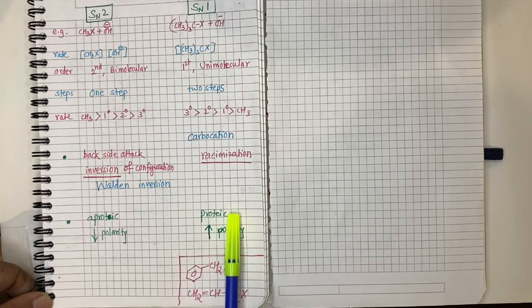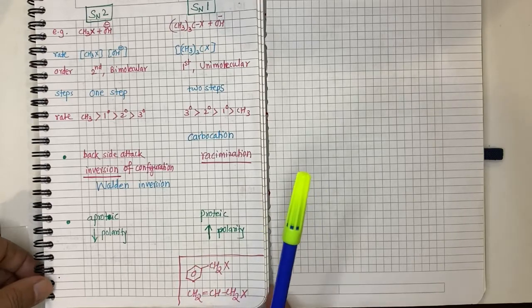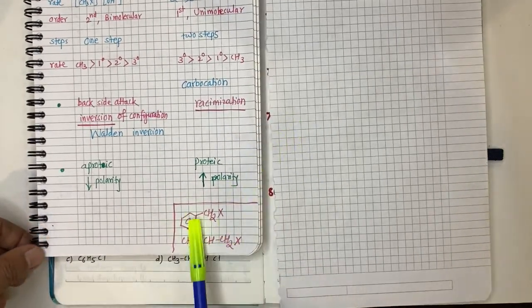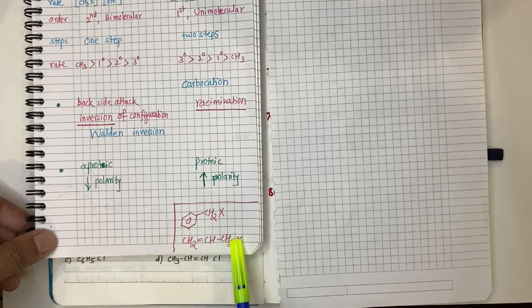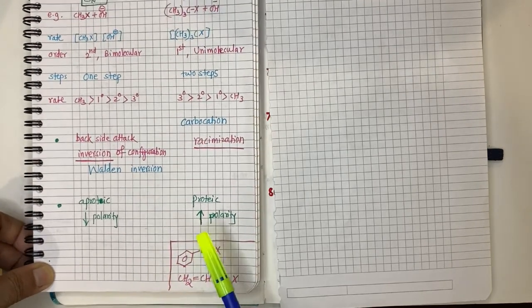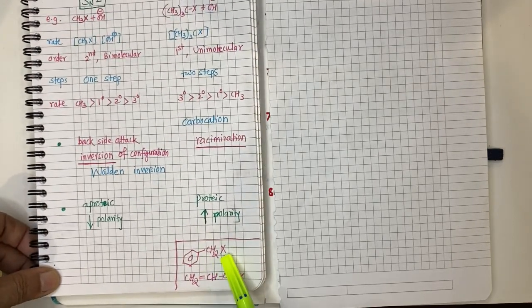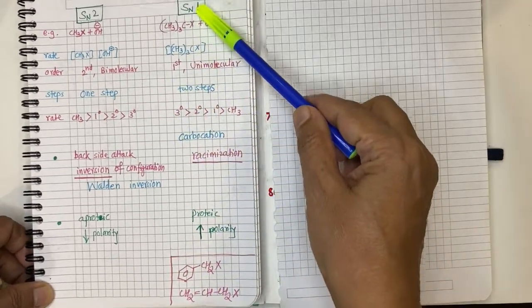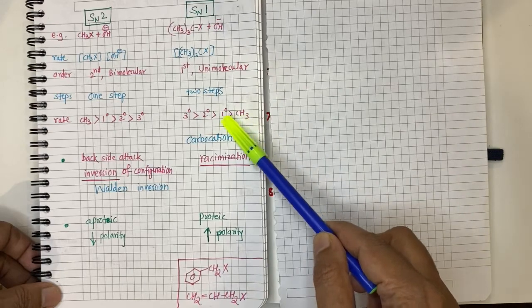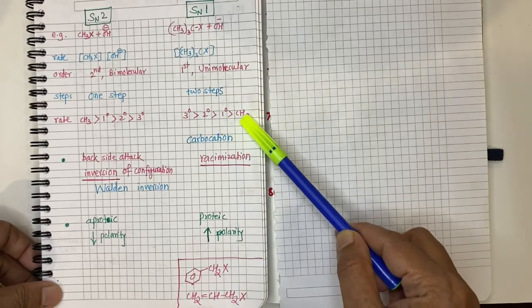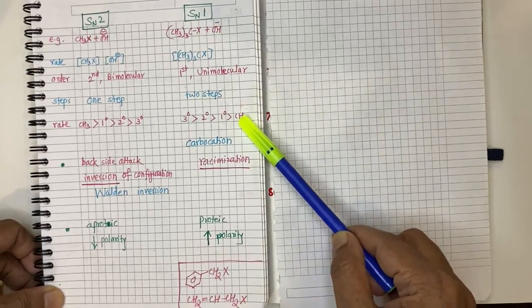Here, a protic solvent or a solvent with more polarity. One more point, remember this one: benzyl halide and allyl halide, these two compounds have more reactivity for SN1 reaction than any other primary alkyl halide. Remember this point. Okay. Next.